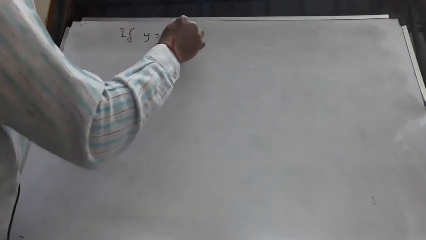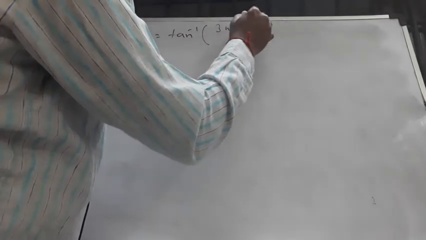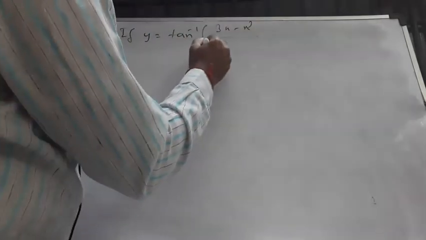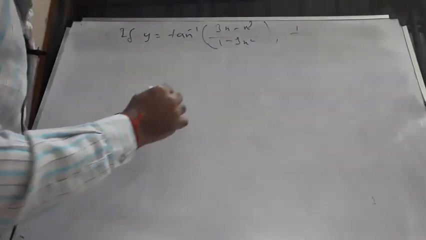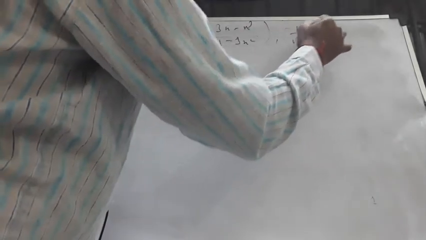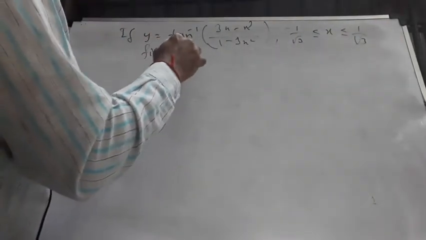Okay, if y is equal to tan inverse of 3x minus x cube divided by 1 minus 3x square. You are given the condition minus 1 by root 3 less than or equal to x less than or equal to 1 by root 3. Find dy by dx.